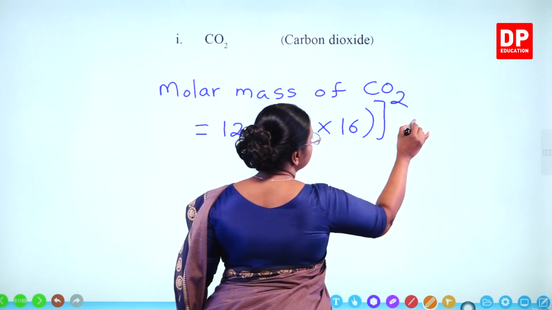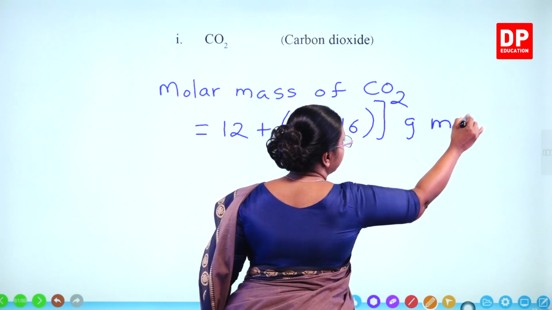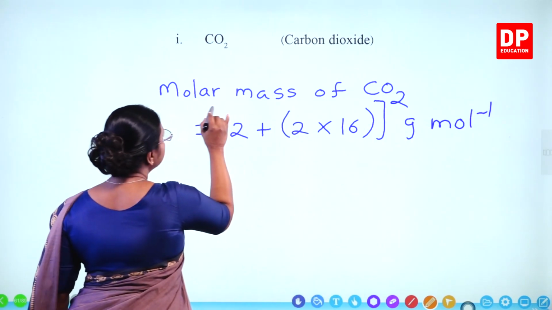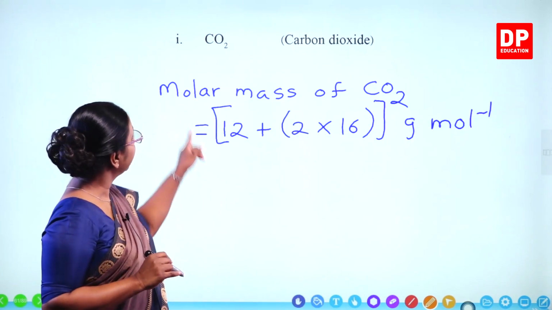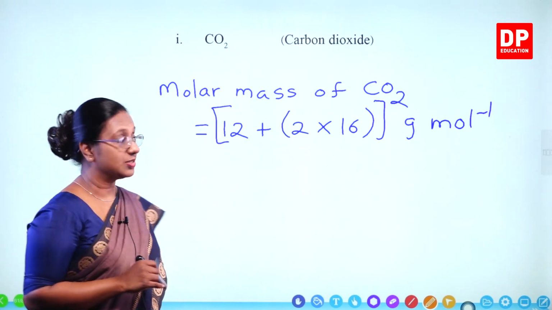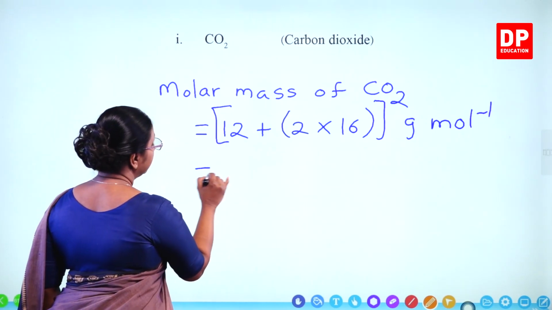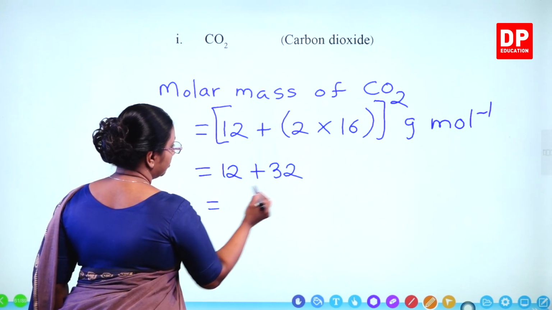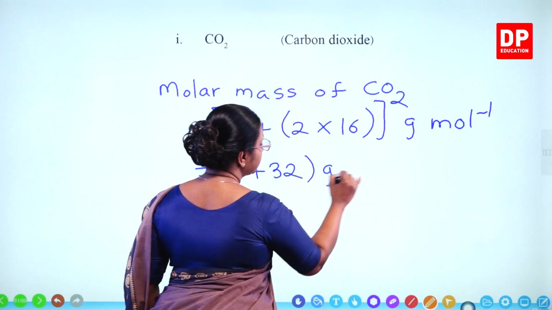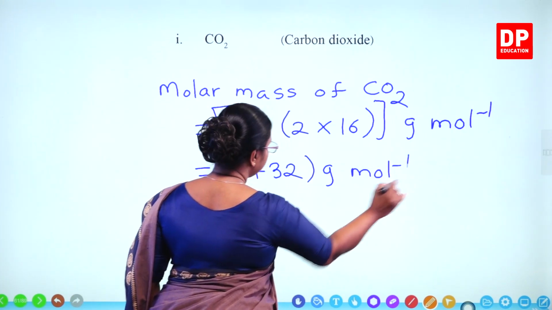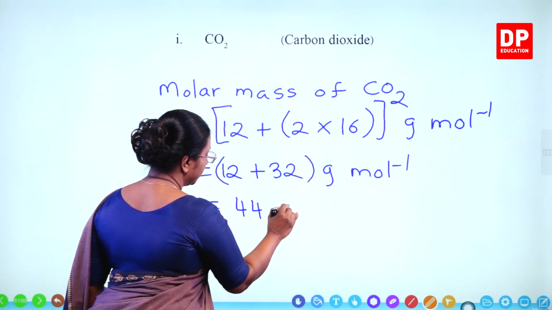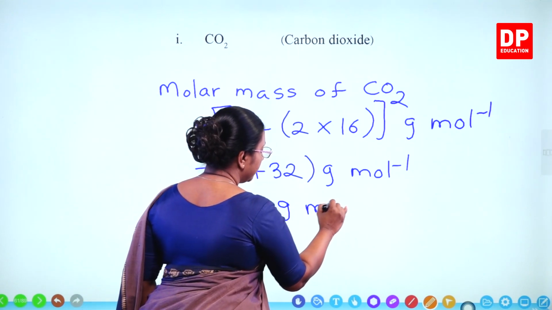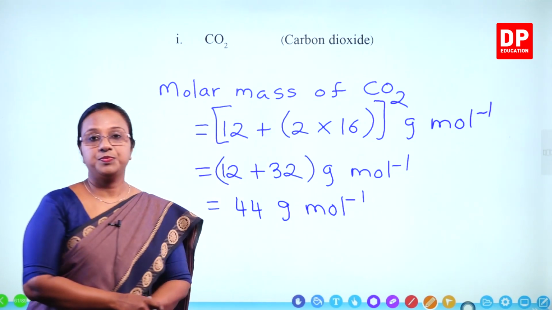But all these together will have the unit grams per mole. That's why it is the molar mass. So you have to write the unit. 12 plus 32, so that is also grams per mole. That will be equal to 44 grams per mole.